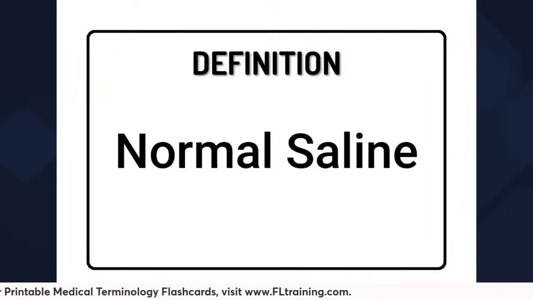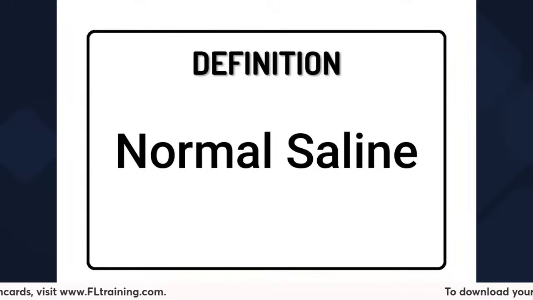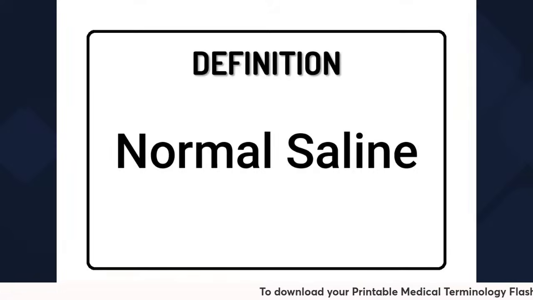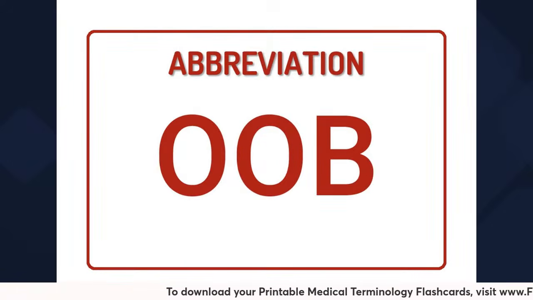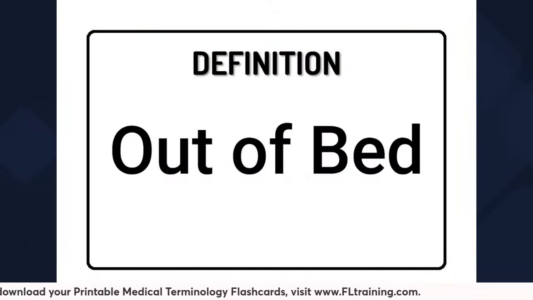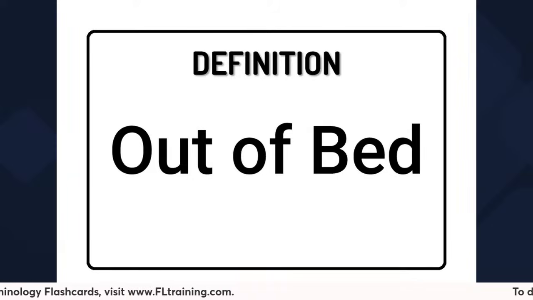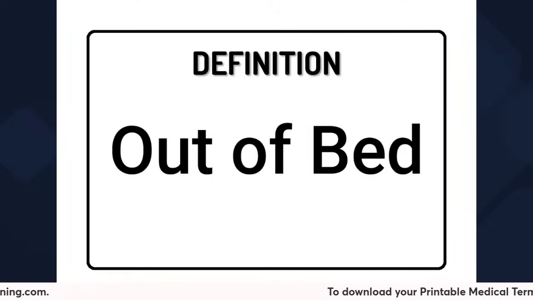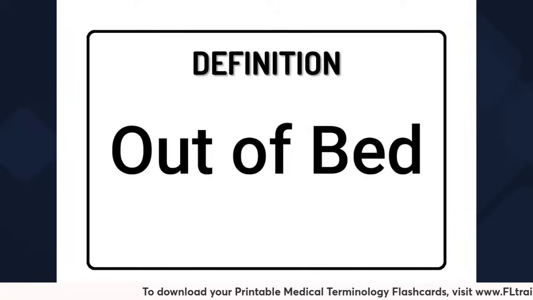NS is the abbreviation for normal saline, which is the main fluid we use to rehydrate the patients. OOB is the medical abbreviation for out of bed. So your patient may have an order for OOB with assist. That means that you would have to physically support and assist them to get out of the bed and into the chair.